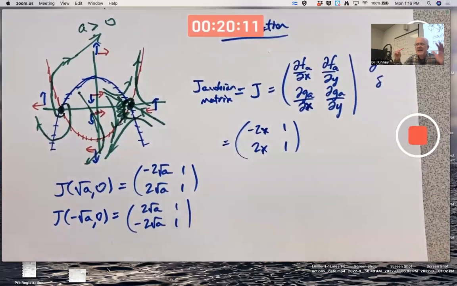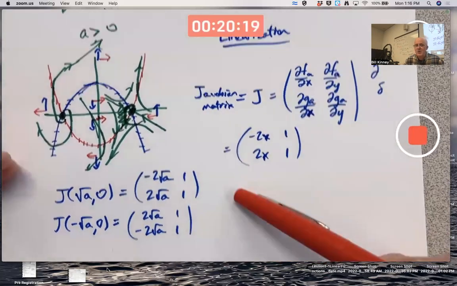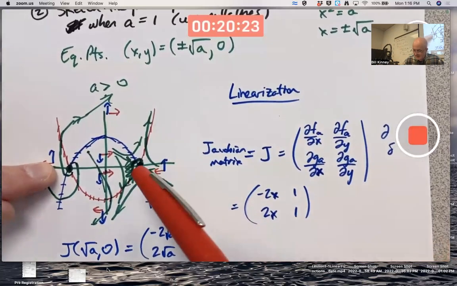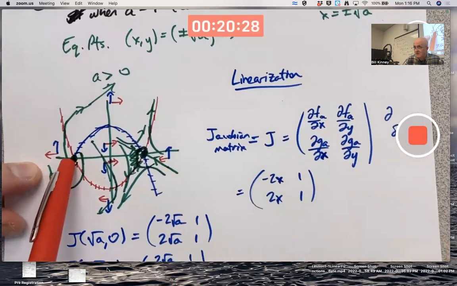And the big idea here is those systems, which are linear systems, where eigenvalues and eigenvectors are relevant, tell you the nature of the equilibrium points for the nonlinear systems. We should get this one to be a saddle point and this one to be a spiral source.